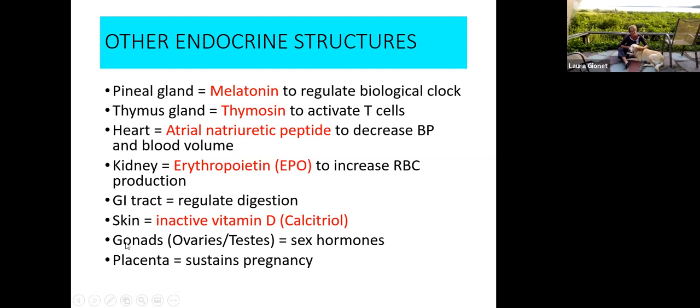And then we have hormones from the reproductive organs that produce reproductive or sex hormones, and hormones associated with pregnancy. We'll look at those more when we get to the reproductive system. But there are some other structures, some of them we've looked at and are familiar with. But they're good to know anyway.